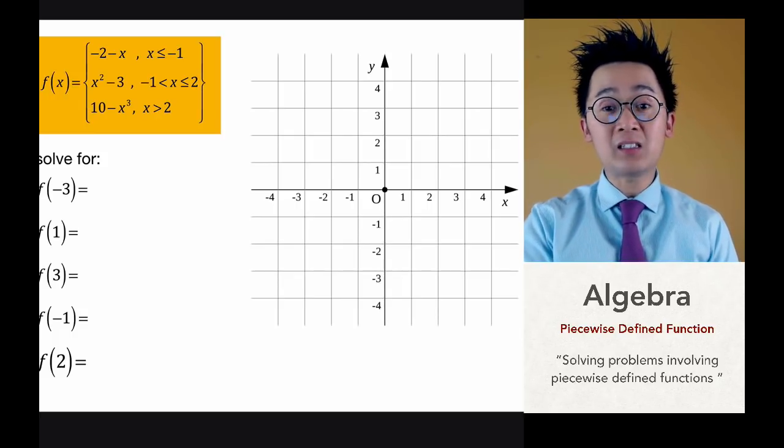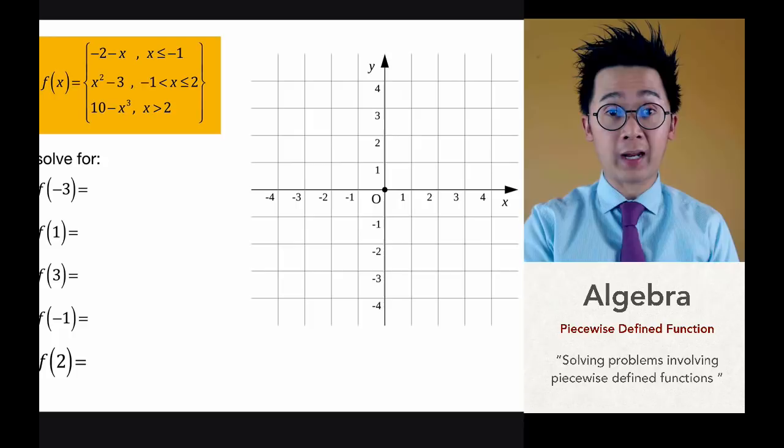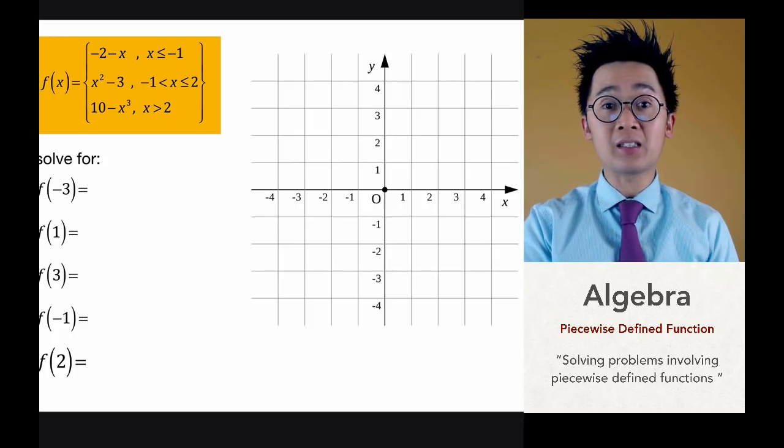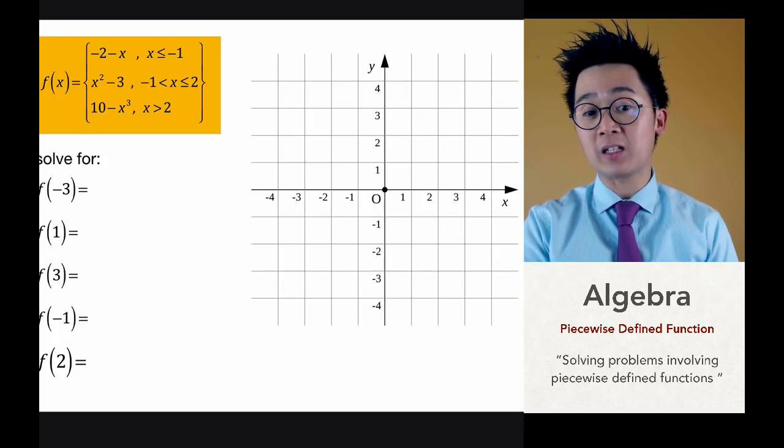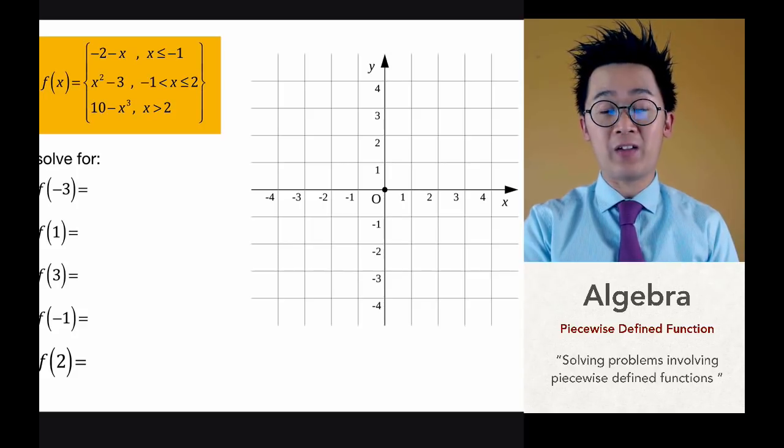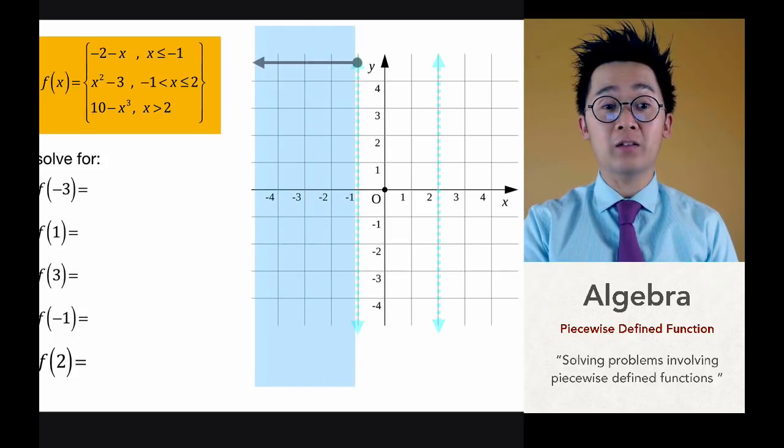So I highly suggest that you just draw the xy plane so that you'll be able to visualize which formula or function you need to use at the given value of x. Now, there are three partitions in this particular region. We have anything to the left of -1, anything in between -1 and 2, and anything to the right of 2.